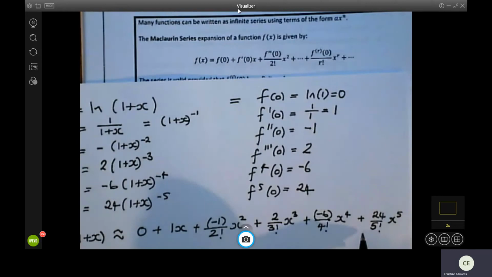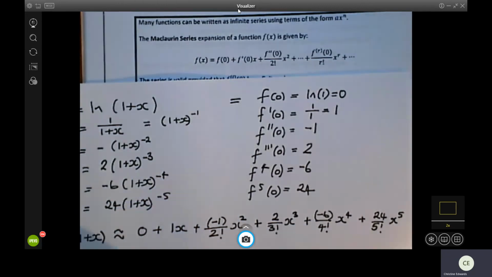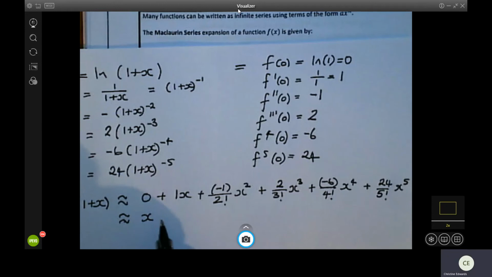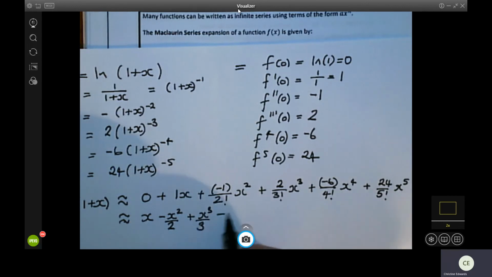Show the Maclaurin series formula with the various values subbed in clearly, and then simplify. So that gives me x minus x squared over 2 plus x cubed over 3 minus x to the 4 over 4 plus x to the 5 over 5.